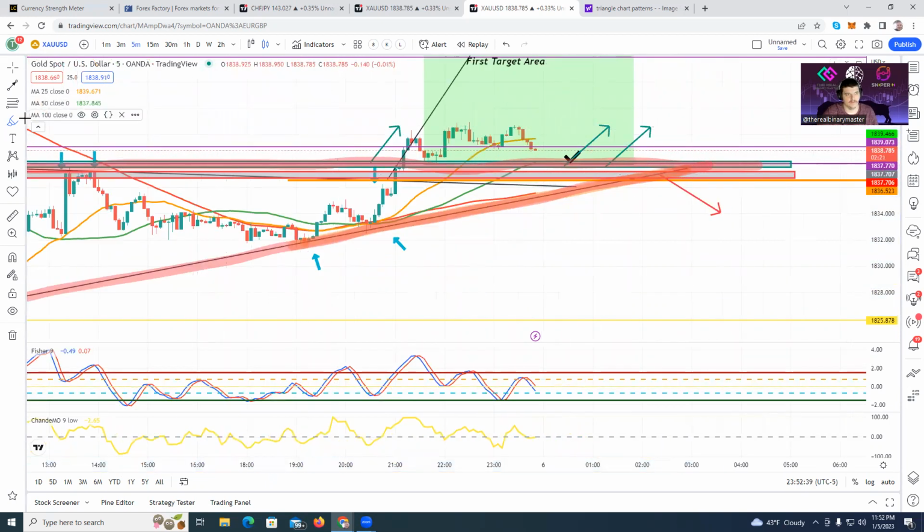Let me delete this. We see our 4th touch occurring right here. Now, what happens following this is the important part, okay?